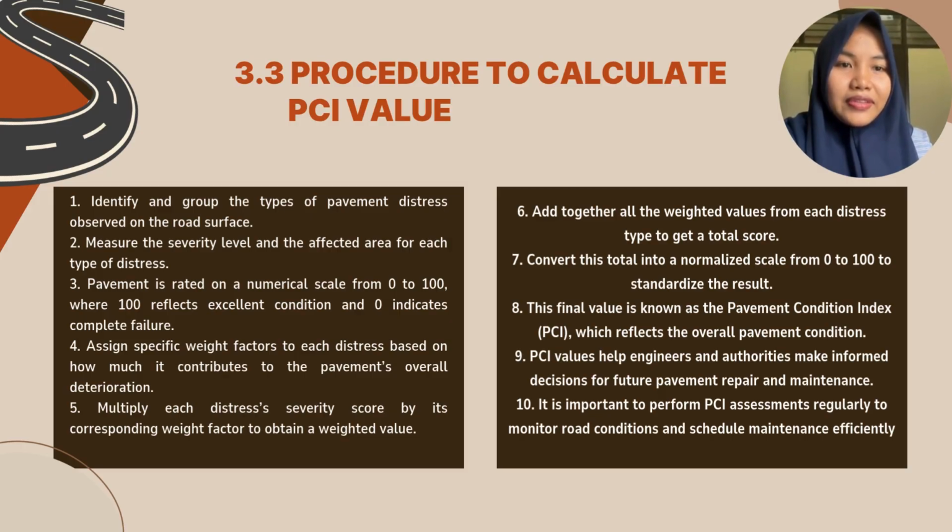Assign a specific weight factor to each distress based on how much it contributes to the pavement's overall deterioration. 5. Multiply each distress severity score by its corresponding weight factor to obtain a weighted value.